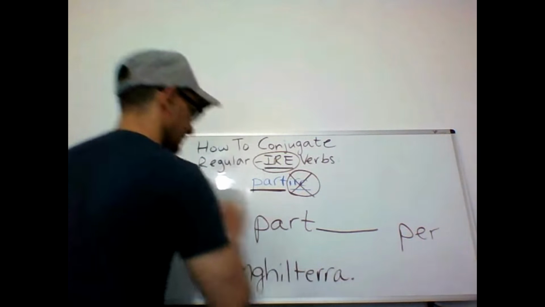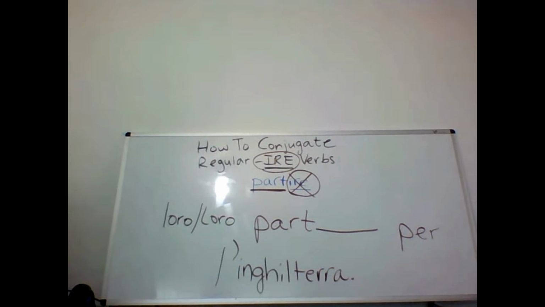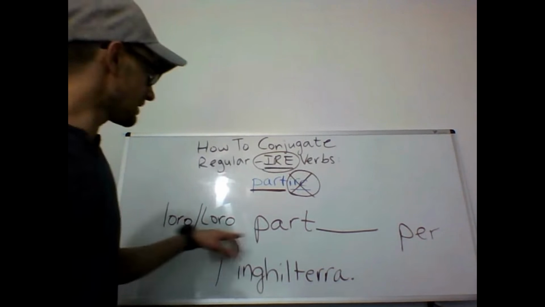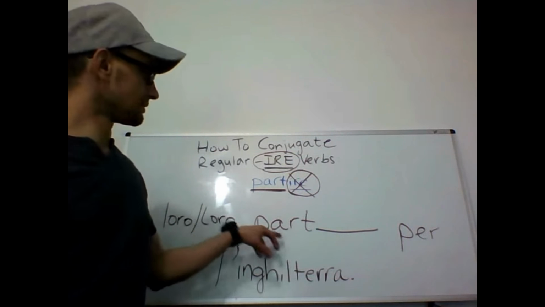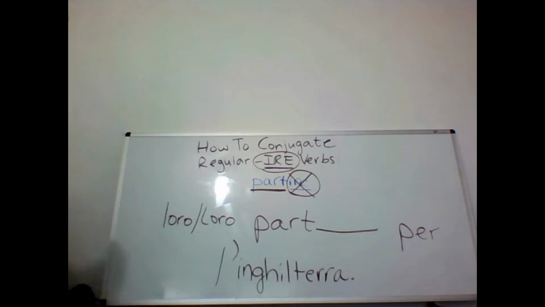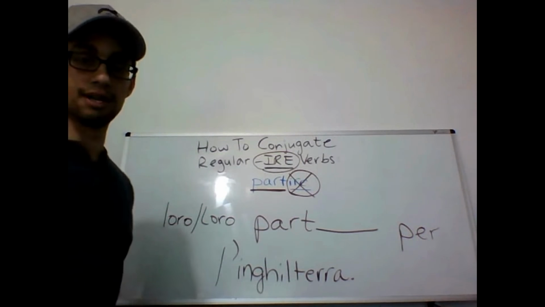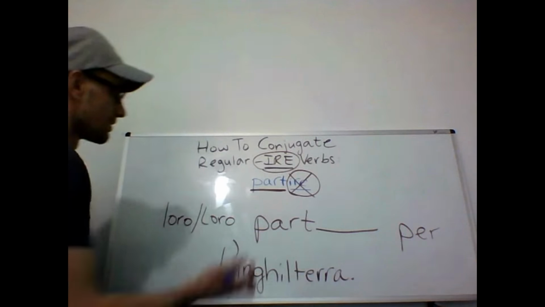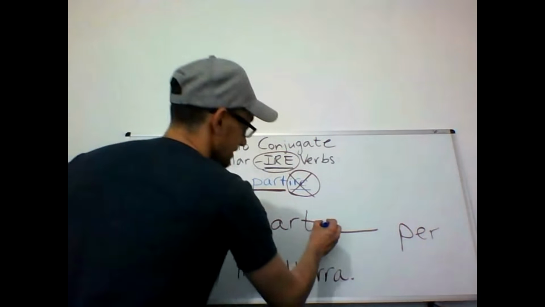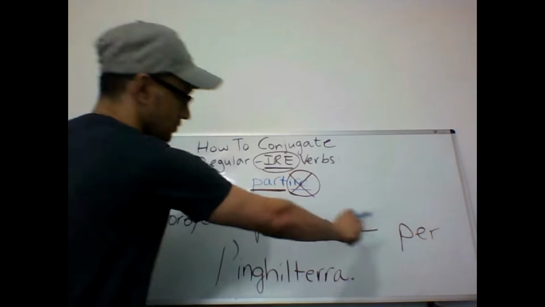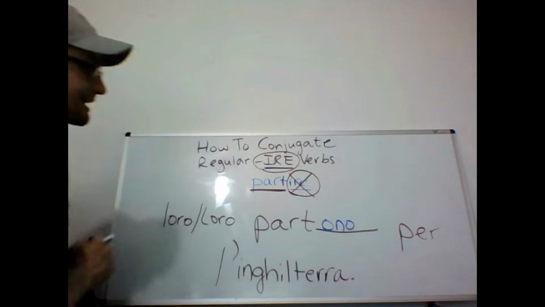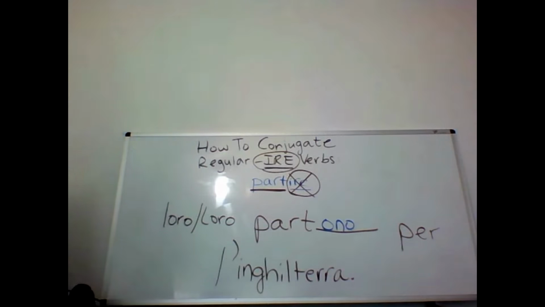L'Inghilterra. So they leave for England, or you all polite leave for England. I go back to my table. I know that the Loro form of IRE, the ending is going to be ONO. So Loro partono per l'Inghilterra. There you go. It's pretty simplistic.